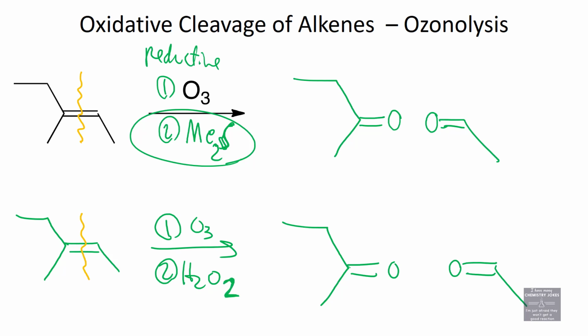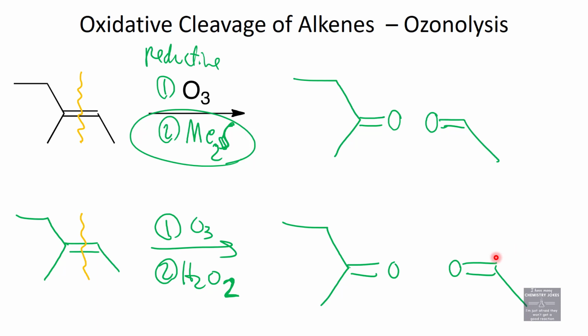Oxidative workup, you go back and ask yourself, after I chopped this thing and squeezed in an oxygen, do I have an sp2 carbon that has a hydrogen on it? This sp2 carbon has 2 carbon groups on it, so it's done. It doesn't need any more work. This sp2 carbon has a carbon and a hydrogen.